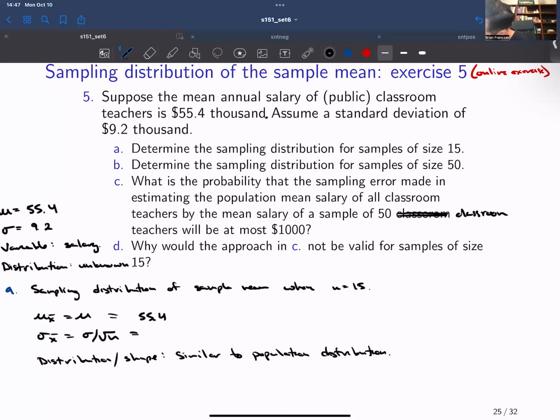In terms of the parameters, the mean is going to be equal to 55.4, or 55,400, and the standard deviation will be 9.2 divided by the square root of 15, which is 2.375.